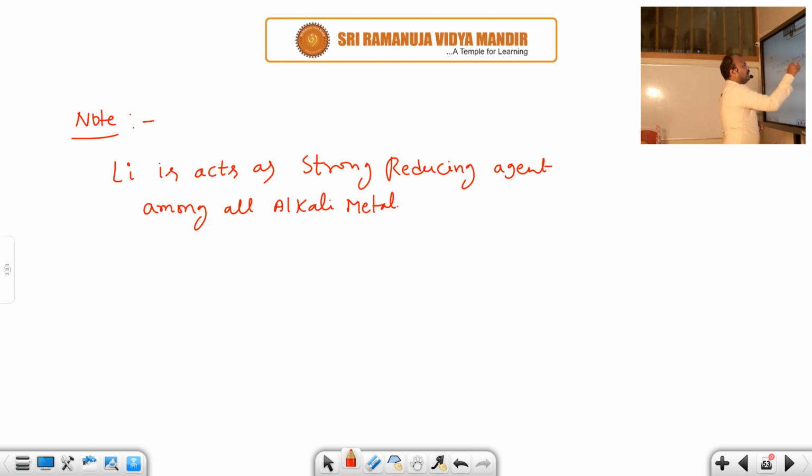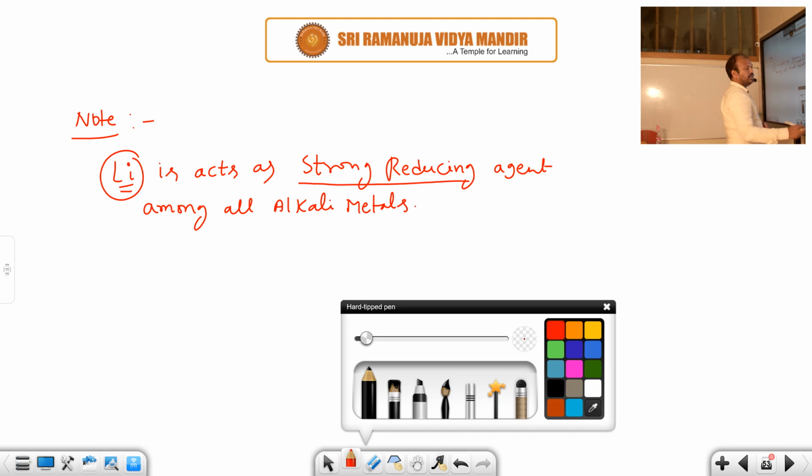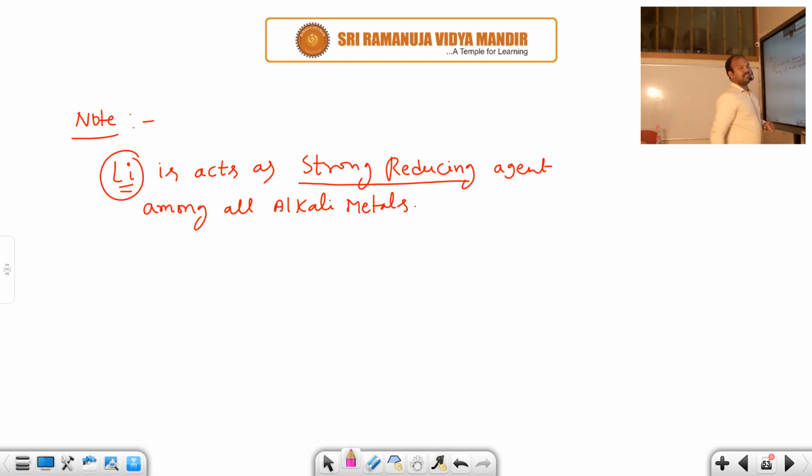Reducing agent means the substance which can oxidize itself and reduce the other substance; that is called a reducing agent.